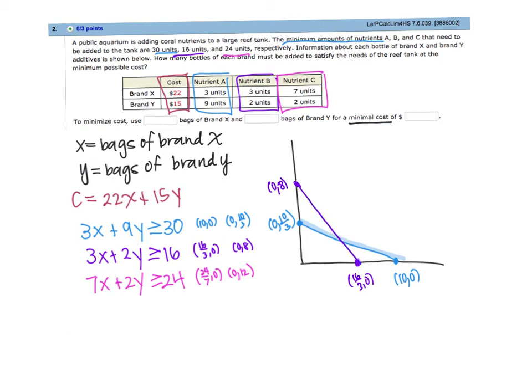It is solid, and because this is the minimum amount, it's going to be above that line. And then my last constraint, 7x plus 2y is greater than or equal to 24. Let's see, 0, 12 is my y-intercept. X-intercept, 24 sevenths, which is 3 and something.